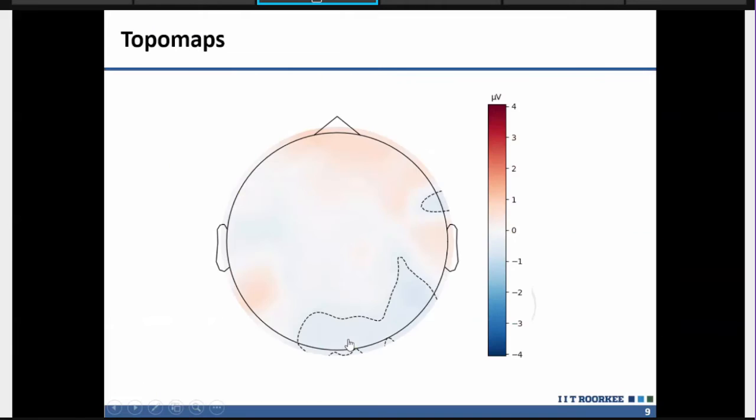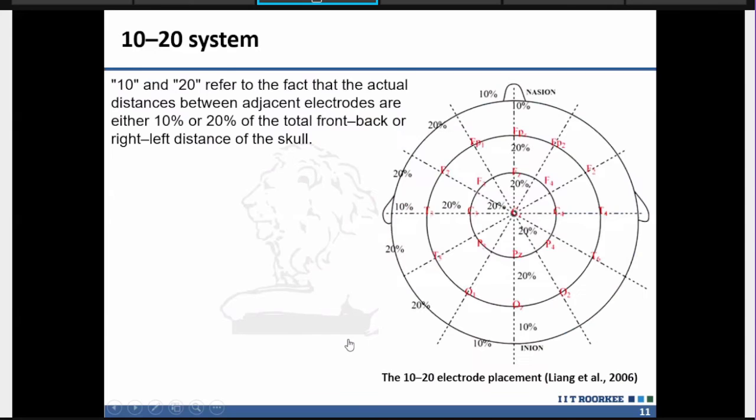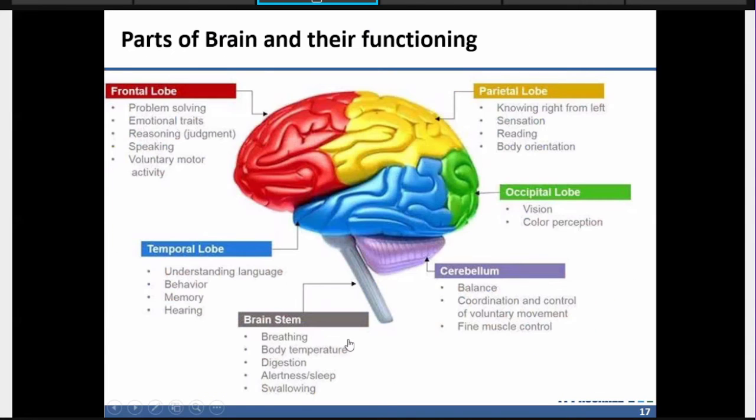These electrodes could be in different places of the brain. It could be in the frontal part, it could be in the occipital part, according to your sensor. If it is, for example, a one-sensor or two-sensor device, usually these are placed in the frontal part.